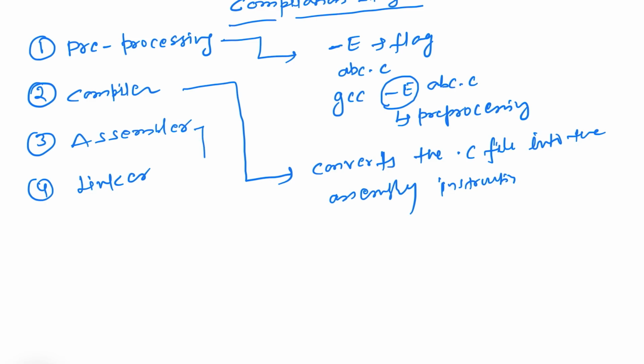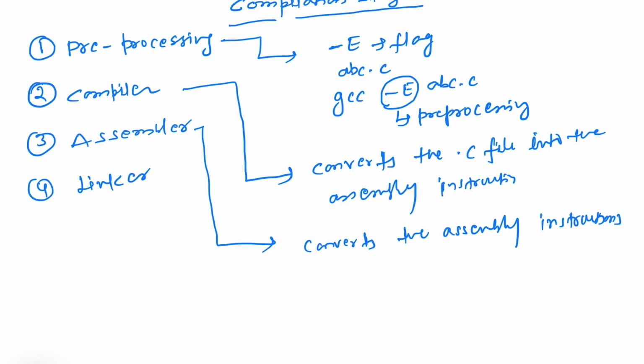And then, what does the assembler do? The assembler converts the assembly instructions into machine instructions or machine code.